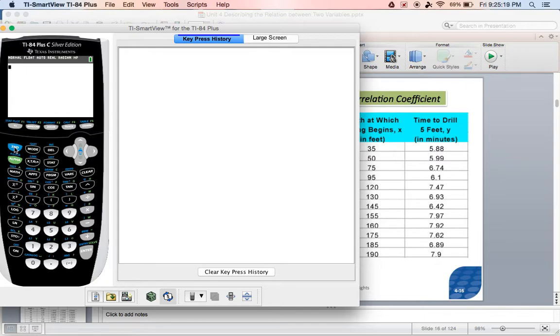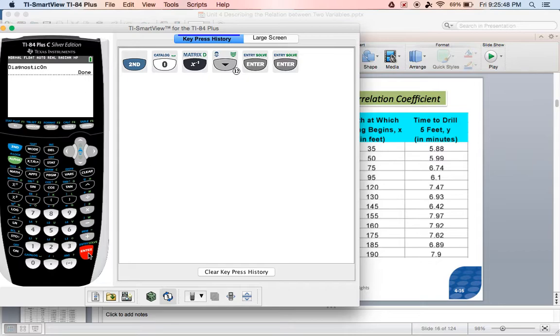So the first thing you do is second 0, which is the catalog key. And then you can either scroll down to diagnostic on or press the matrix key, which is the D's, and then just scroll down to diagnostic on. Once you have diagnostic on, we're done.